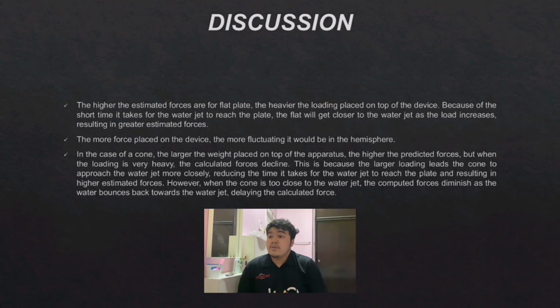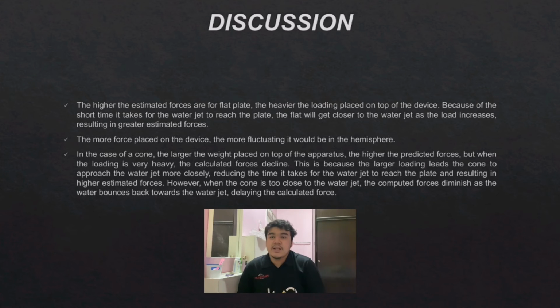The more force placed on the device, the more fluctuating it will be in the hemisphere. In the case of a cone, the larger the weight placed on top of the apparatus, the higher the predicted force. But when the loading is very heavy, the calculated force declines.